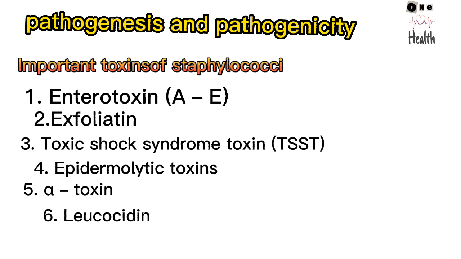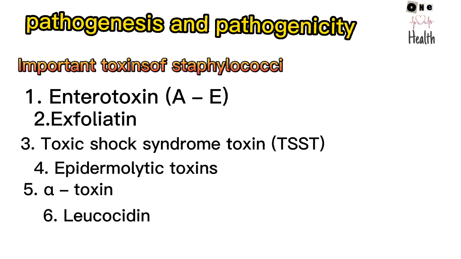Enterotoxin A up to E is involved in human food poisoning. Exfoliating toxin can cause staphylococcal scalded skin syndrome. Toxic shock syndrome toxin can cause toxic shock syndrome in human beings.